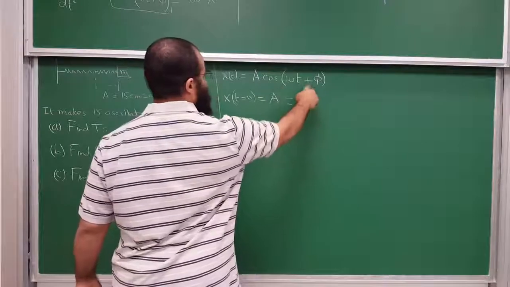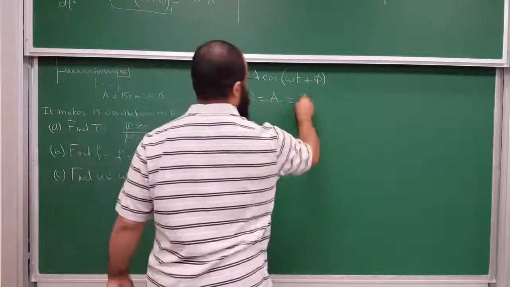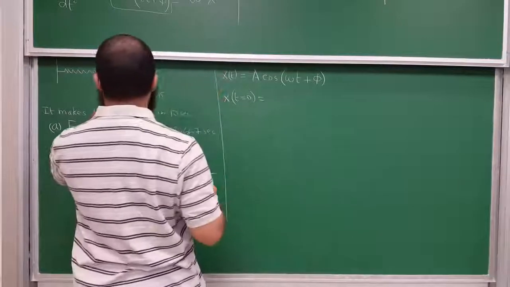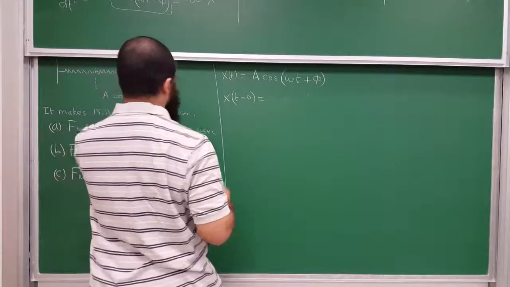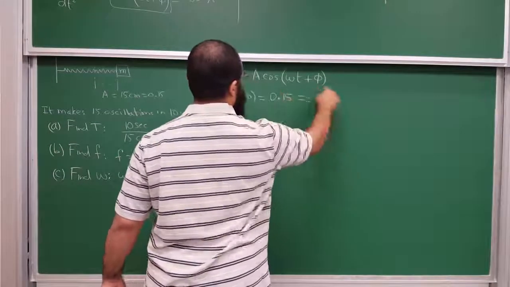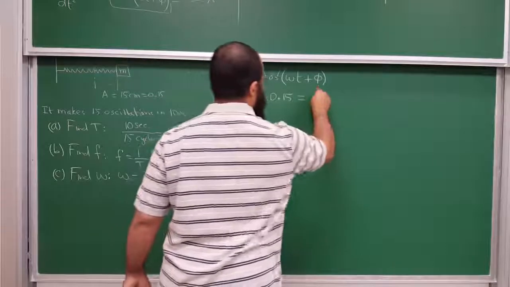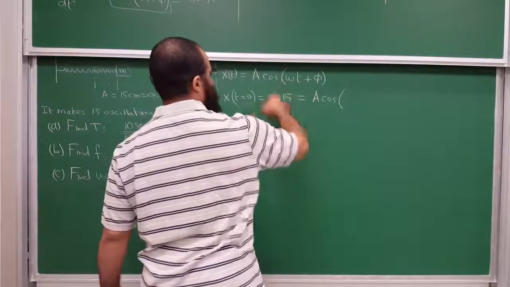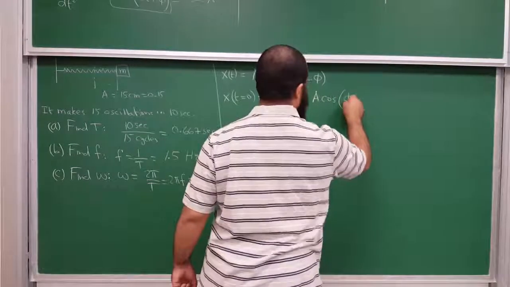So I'm going to plug in t equal to 0 and see what I get. At t equal to 0, x is 15 centimeters, or 0.15, and that has to equal this function when you plug in 0. So you get A times the cosine of phi, since omega times 0 is 0.